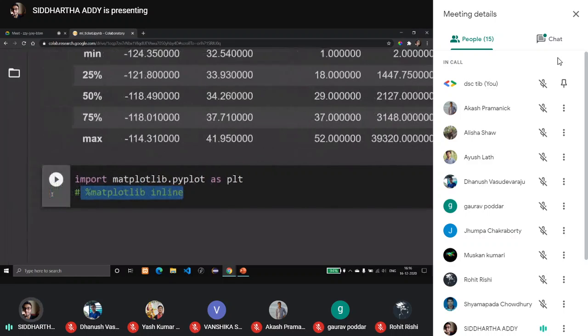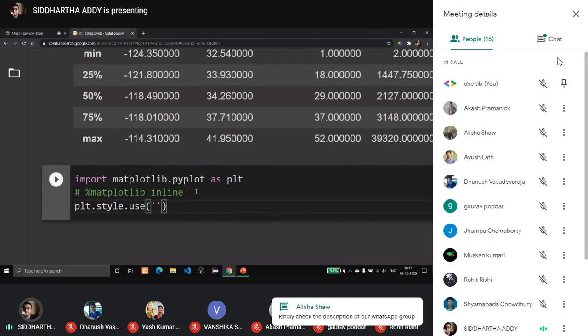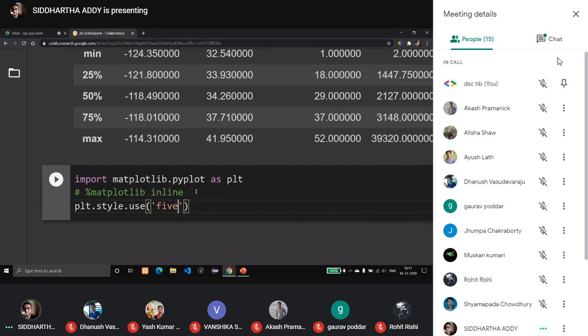You have to write this line for it to work in Jupyter Notebook, but in Google Colab you don't need it. I'm going to use a specific style for Matplotlib because we are in Google Colab, and after many trials and errors, I've sensed that this gives a good background. You will understand why.